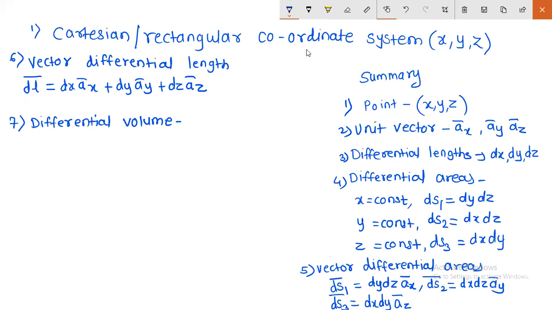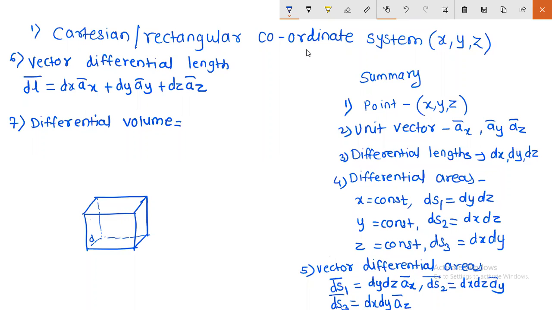Differential volume. So if we consider one rectangle, differential volume for this rectangle, how to find it?